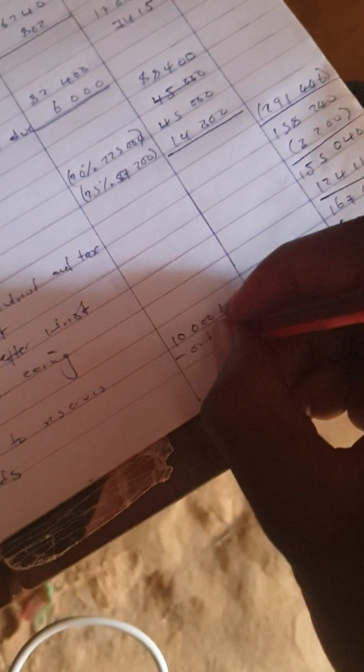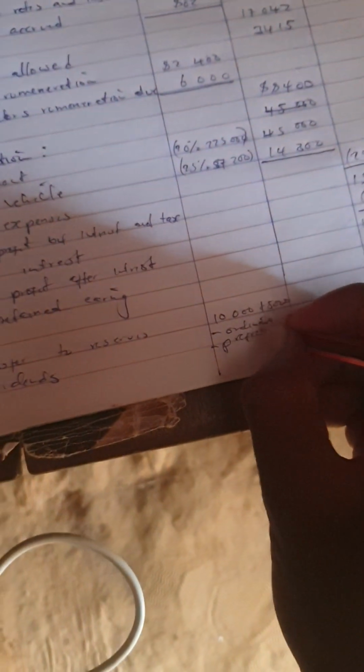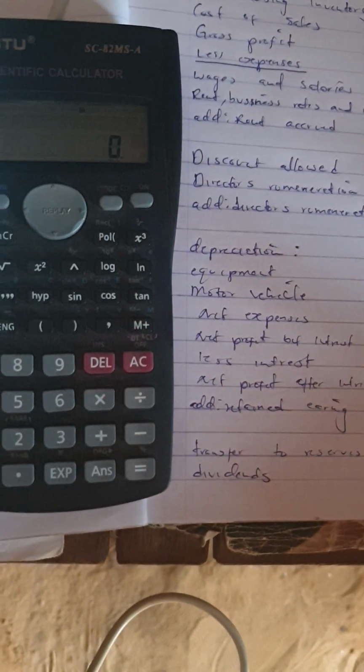So for dividend, we have the ordinary dividend, which is 36,000, and our preference, which was 12% of 50,000, which was 6,000.